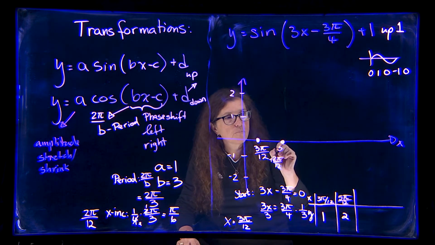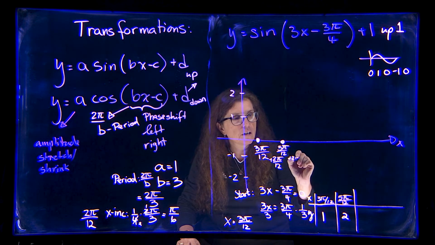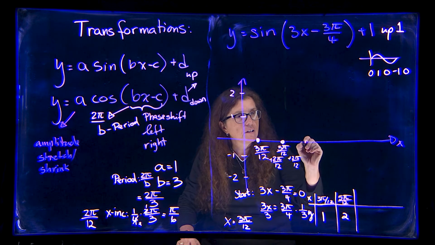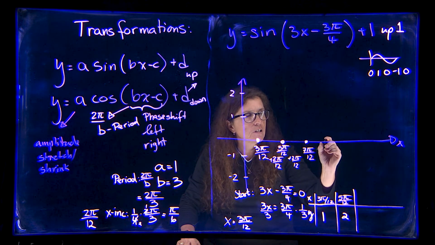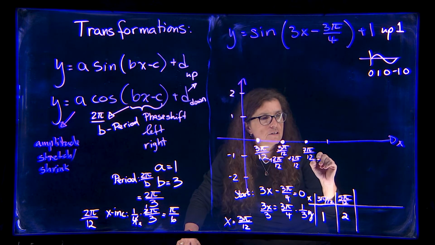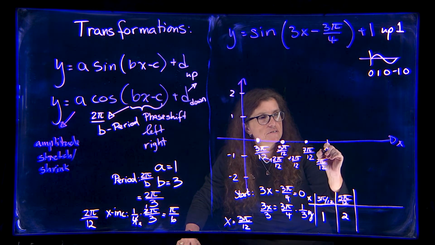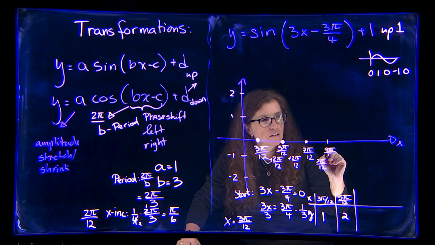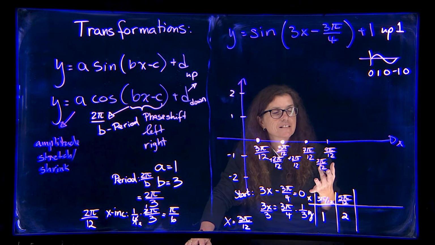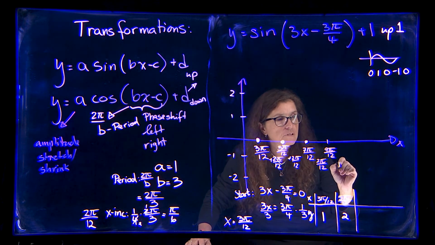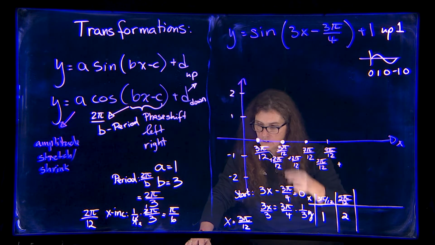Then, so 5 pi over 12 plus 2 pi over 12 is 7 pi over 12 plus another 2 pi over 12 is 9 pi over 12, and I would really keep it as denominator of 12 plus one more.